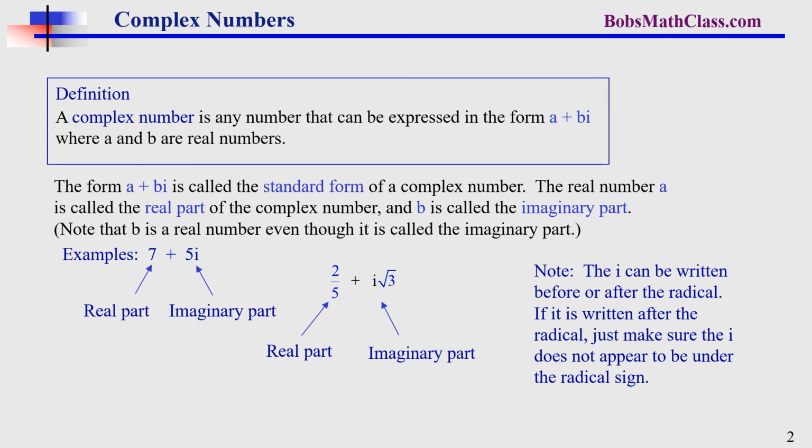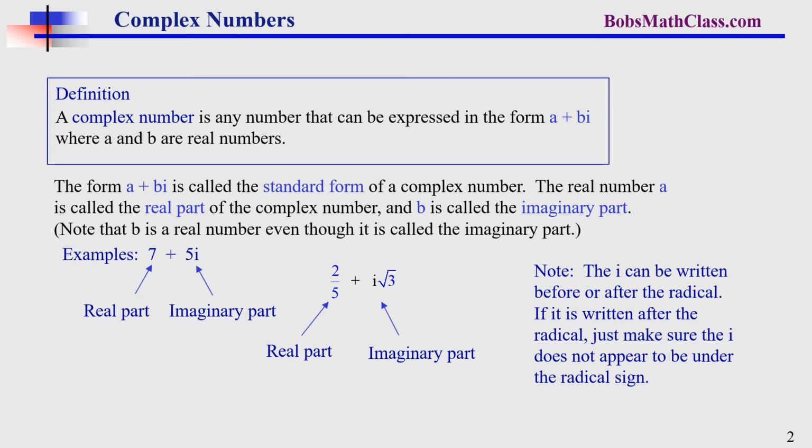We're going to treat it like a variable most of the time, but the i term will always go last. This is called the standard form of a complex number. The first part, the a, that's the real part, and the b, the second part, that's called the imaginary part.